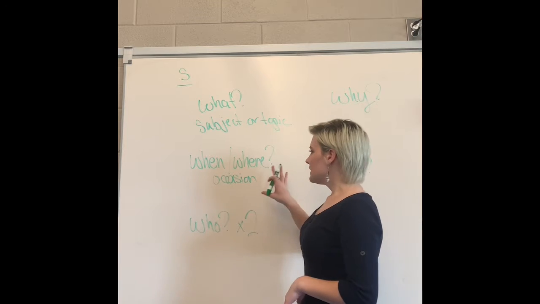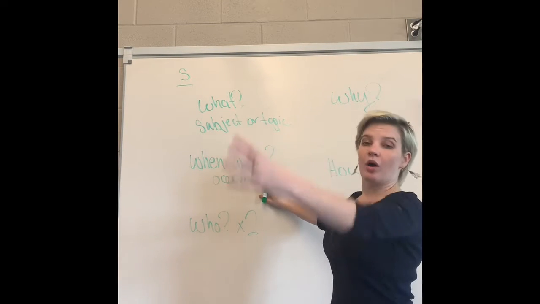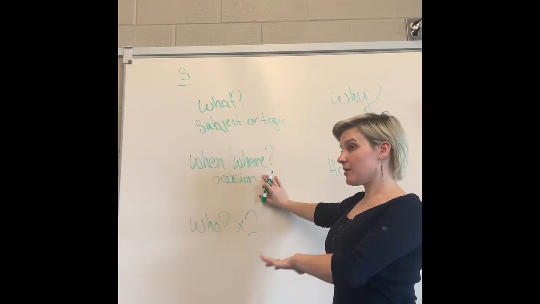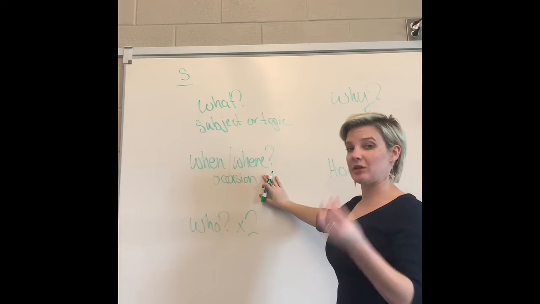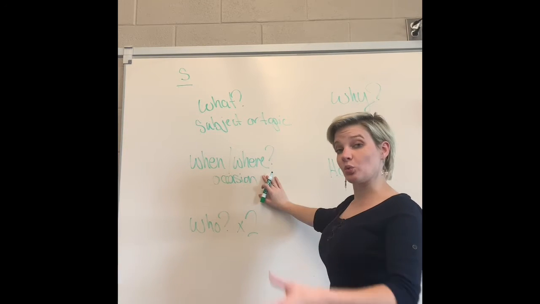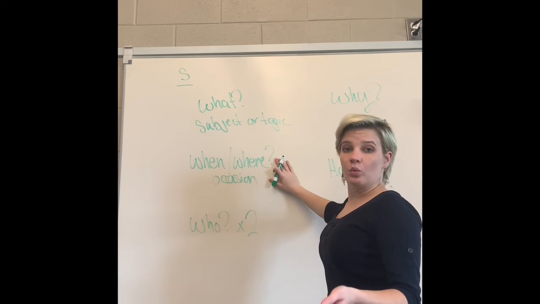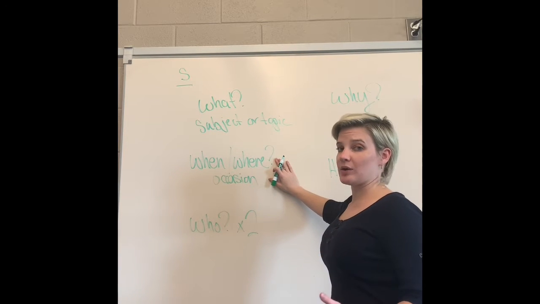But anyway, so when and where is all about the author of the text. It's not about characters in a text, it's all about the author of a text. So when is this person writing? When are they writing about? Where are they from? What kind of background do they have?